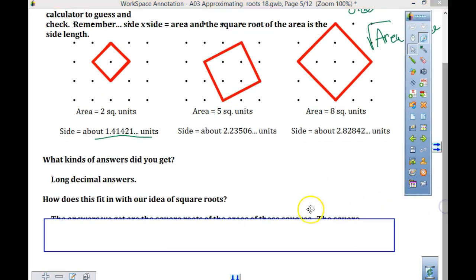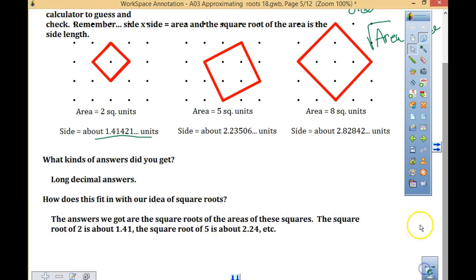The next part down, it says, how does this fit with the idea of a square root? This is what I would like for you to write down. So this is the box, okay? The answers we got are square roots of the area.